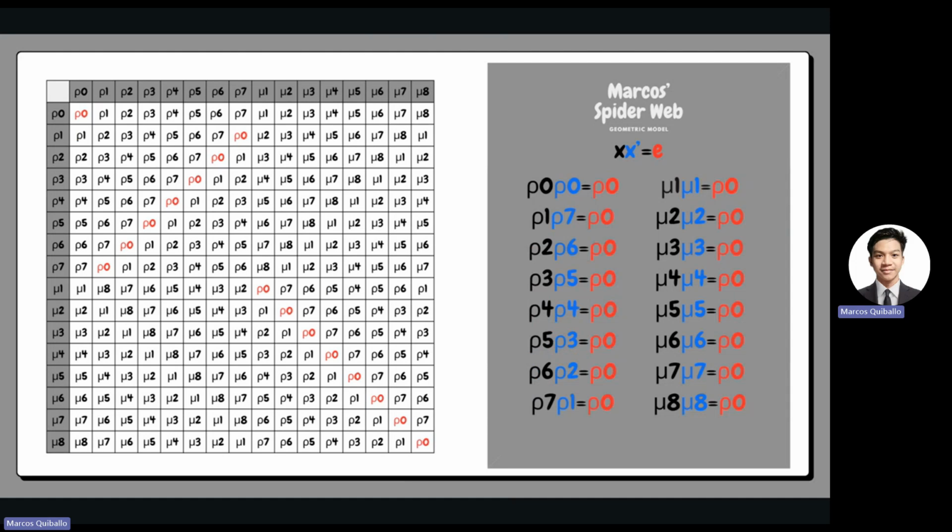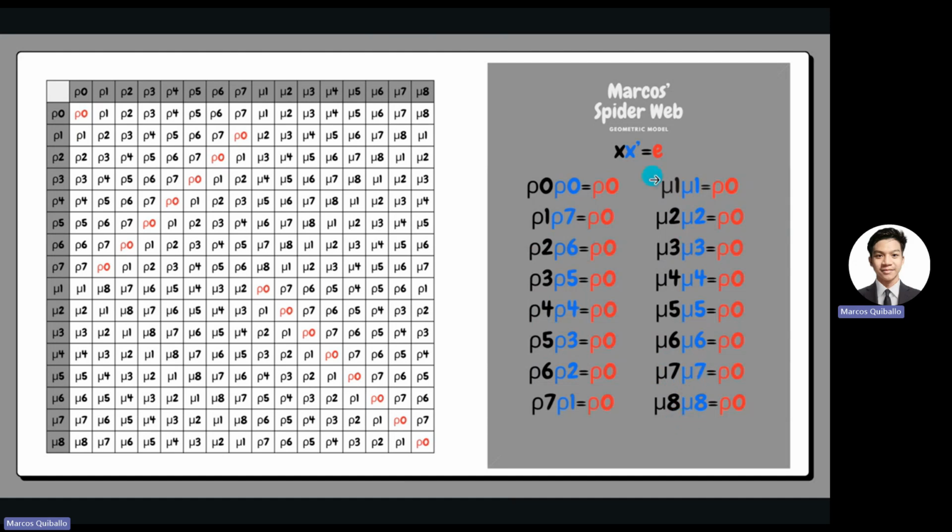So for our lines of symmetry, the inverse of mu1 is mu1, and the inverse of mu2 is mu2, mu3 is mu3, mu4 is mu4, mu5 is mu5, mu6 is mu6, mu7 is mu7, mu8 is mu8.